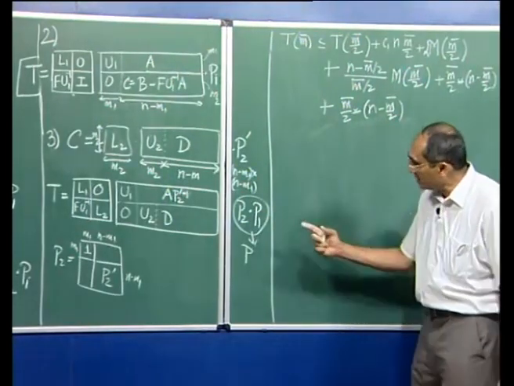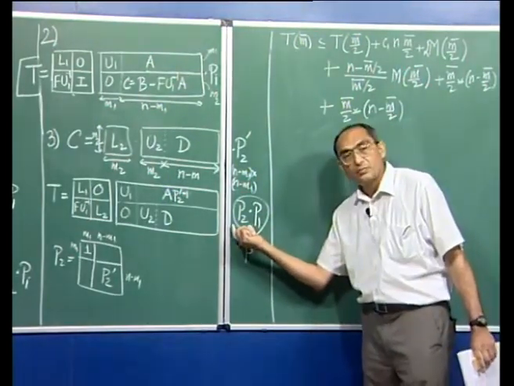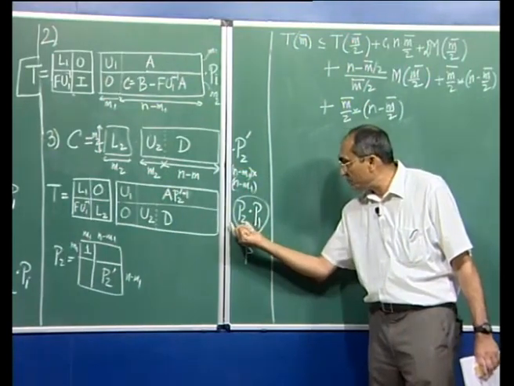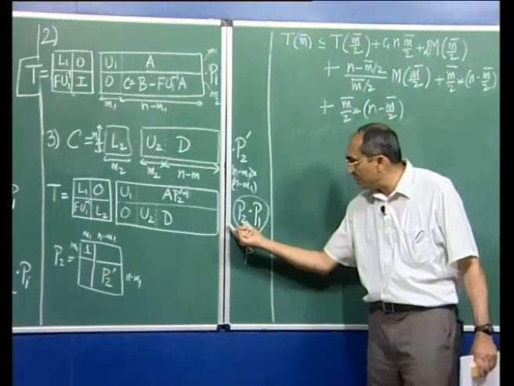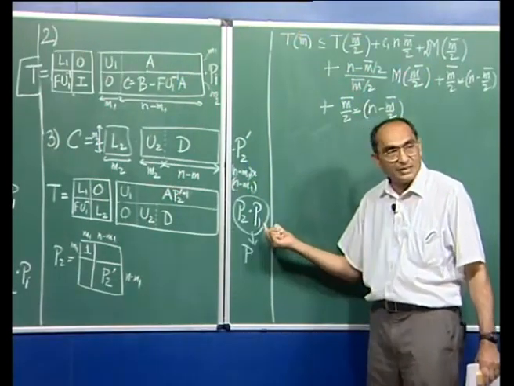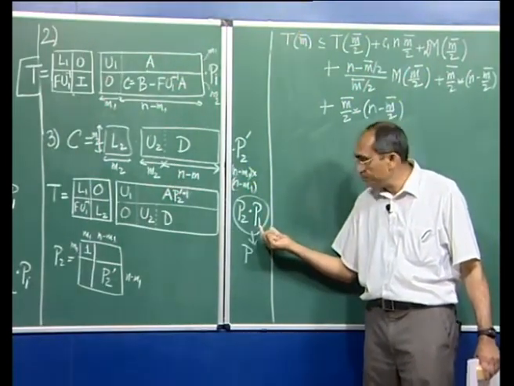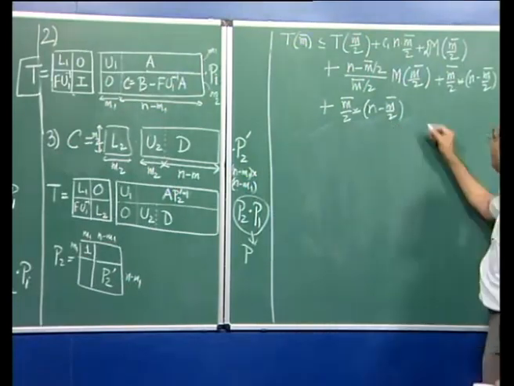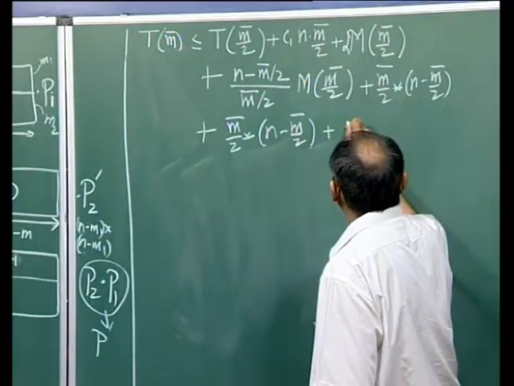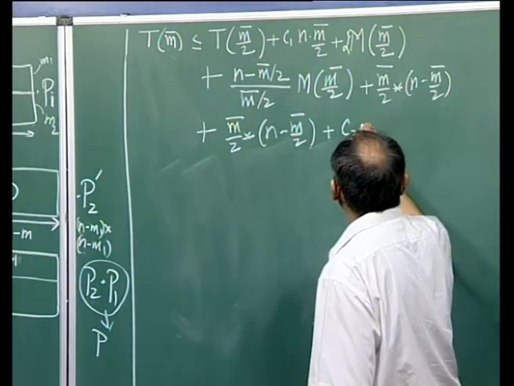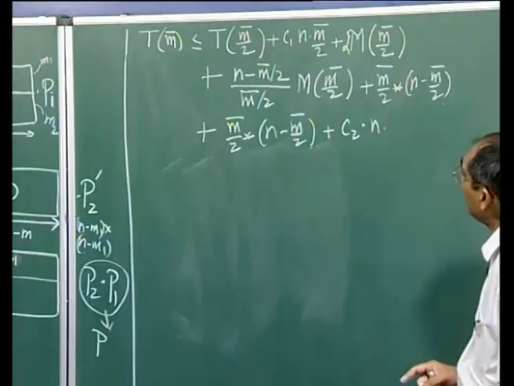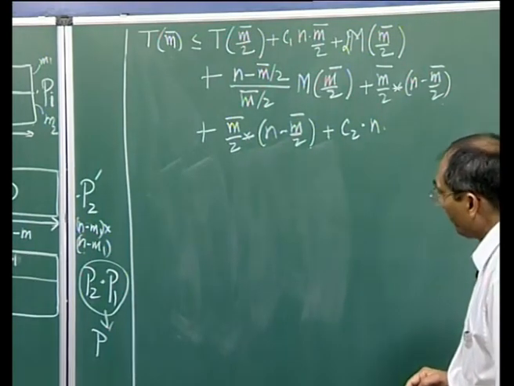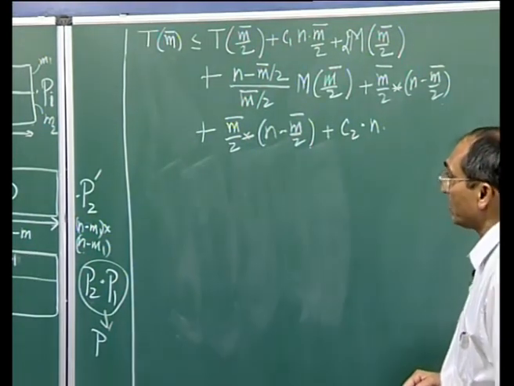We can store them in the form of a product of cycles, and the multiplication of these two permutations can be done in order n rather than order M(n). So this whole thing will cost us some C2 times n. That is the product of the 2 n cross n matrices.